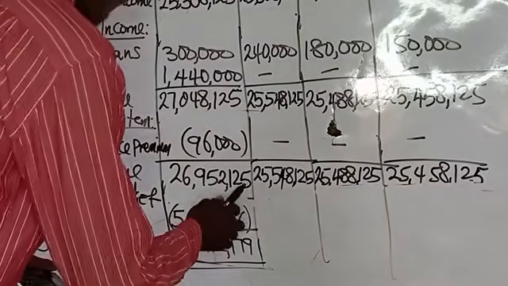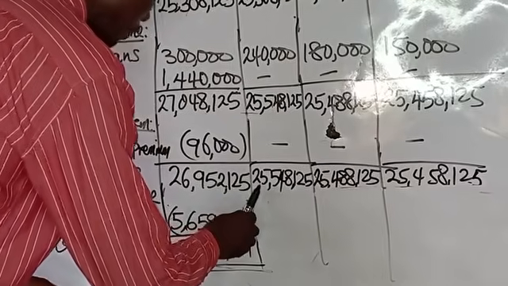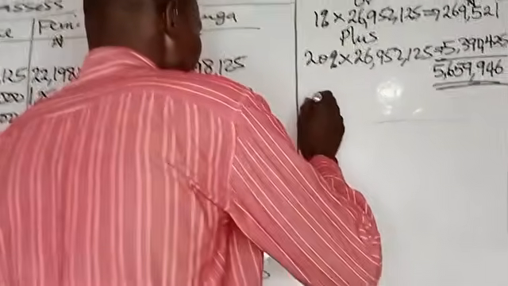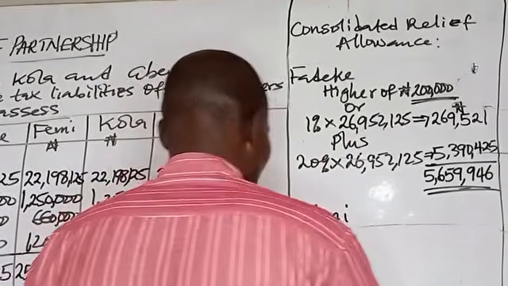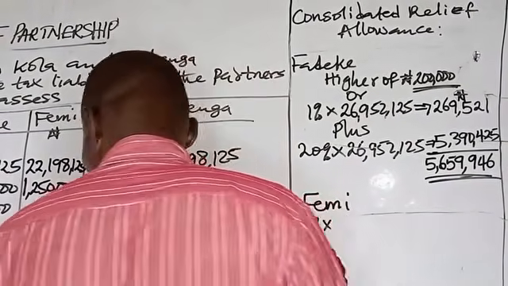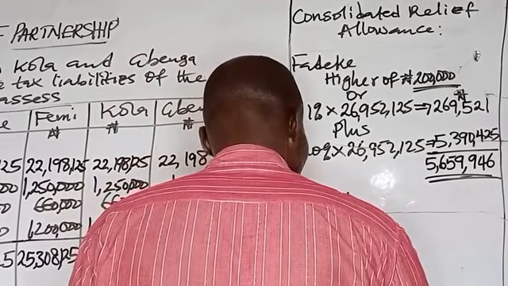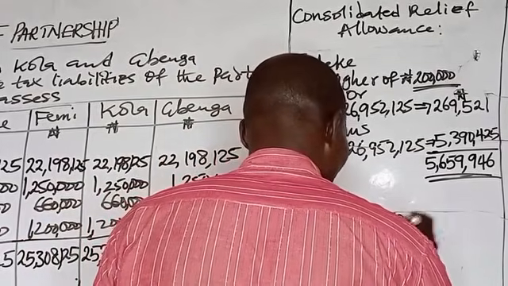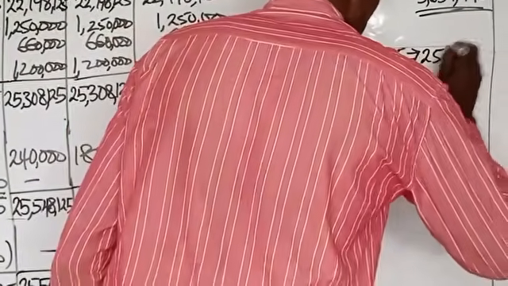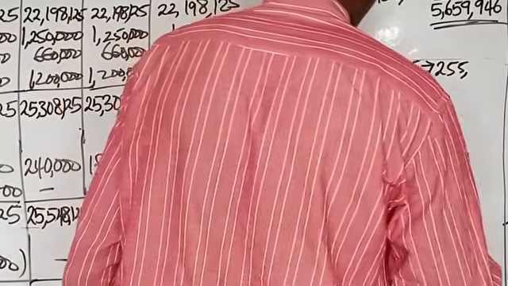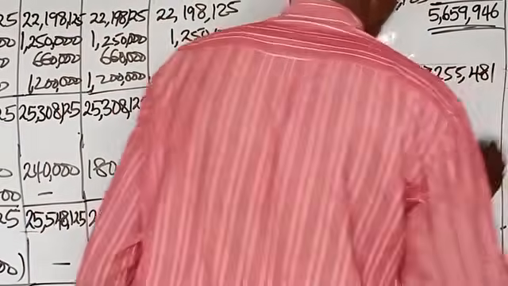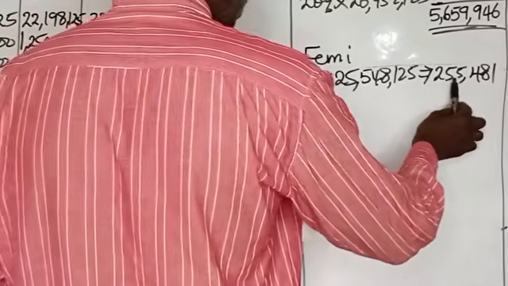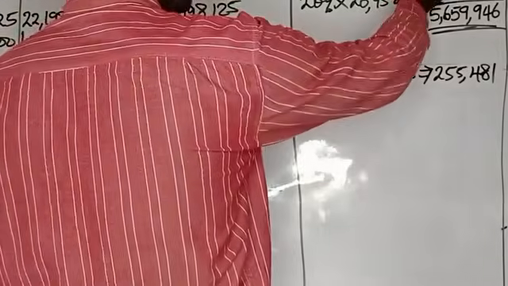The gross income of Femi is 25,548,125. So for Femi, 1% of the gross income, 25,548,125, will give us 255,481. 1% of the gross income of Femi is 255,481, which is still greater than 200,000.